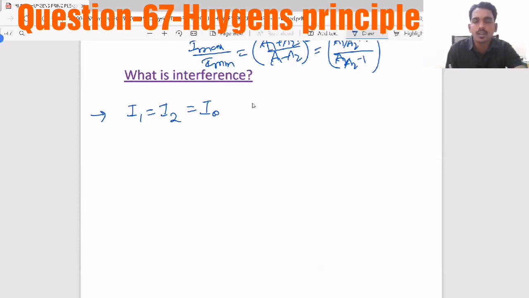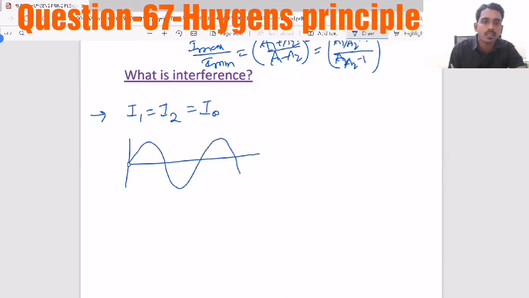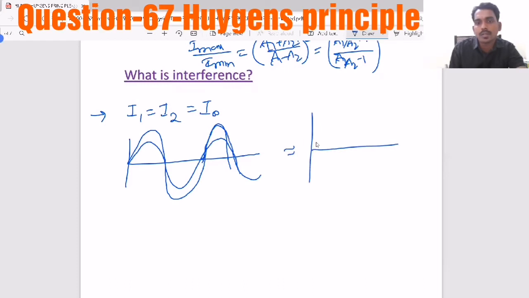When intensities are equal with equal amplitude and they superimpose, what can happen is, when one wave is going and another wave superimposes on it like this, they exactly coincide. So the resultant wave will have a greater amplitude, and the intensity also increases. This is called constructive superposition or constructive interference.